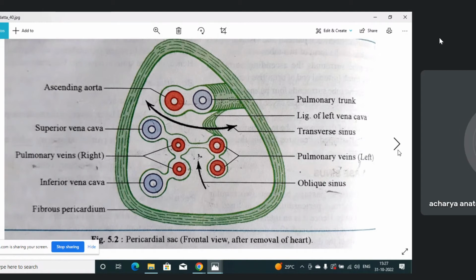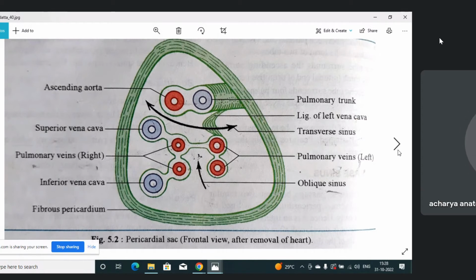Next, posteriorly, the backside, superior vena cava.